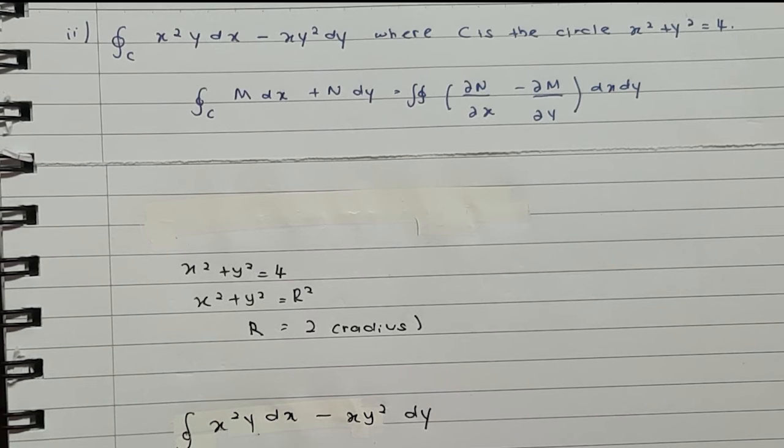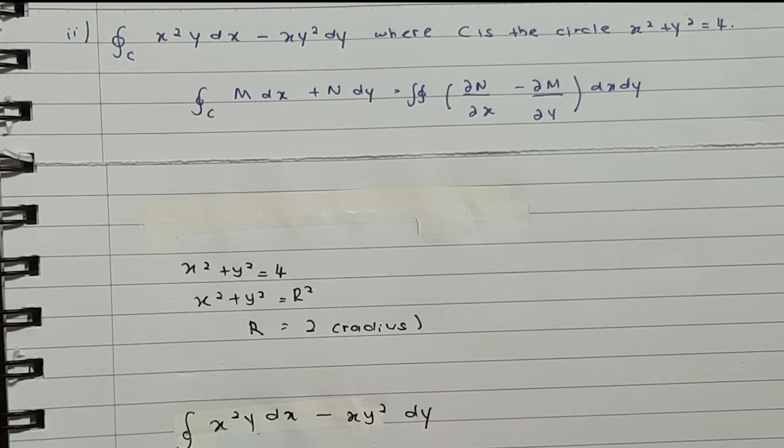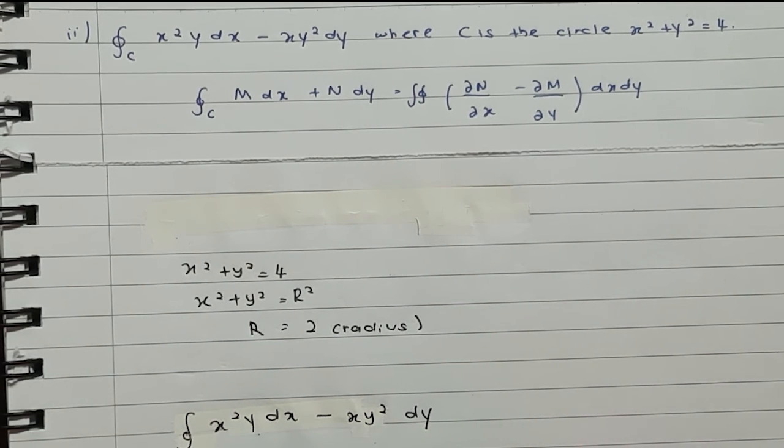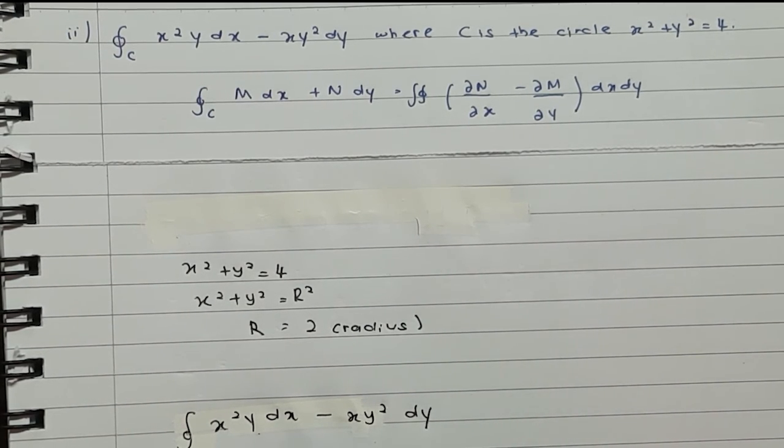We need to differentiate delta M over delta y, we will get x to the power of 2. Differentiating delta N over delta x, we will get negative x to the power of 2.